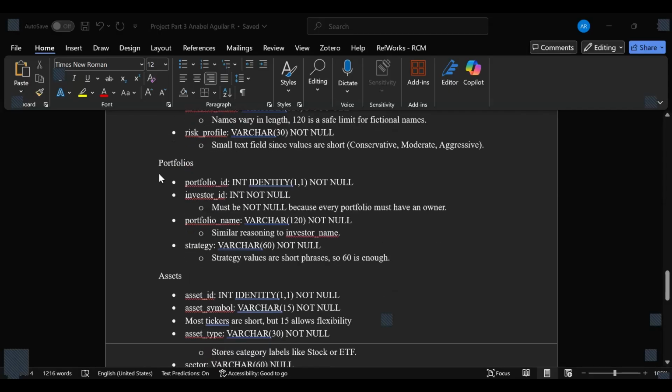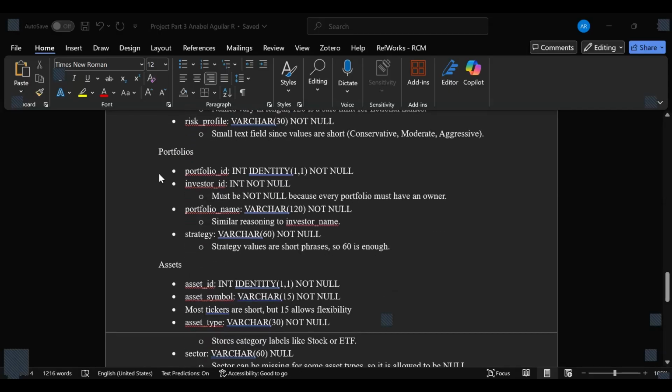Then for the portfolio ID, we selected integer identity. So for investor ID, integer, and then we selected not null because every portfolio must have an owner. So it's impossible to have a portfolio without an investor.